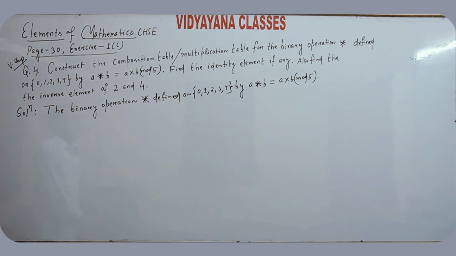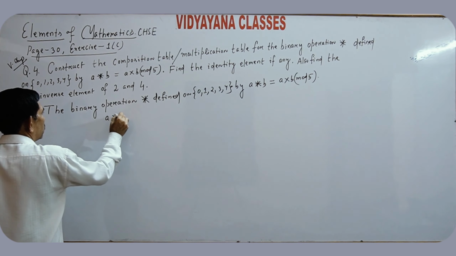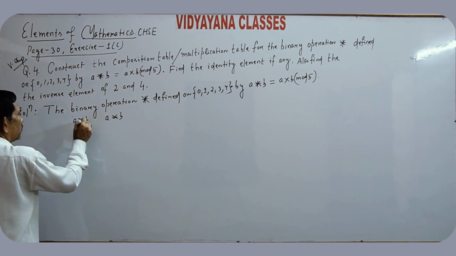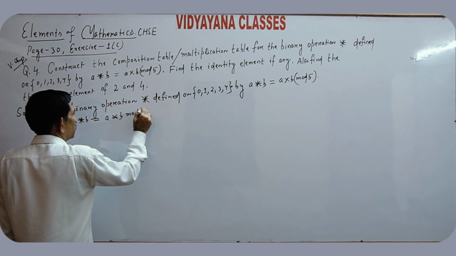Star is a binary operation. What is the meaning of a into b modulo 5?